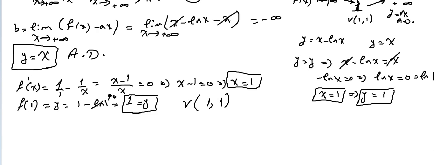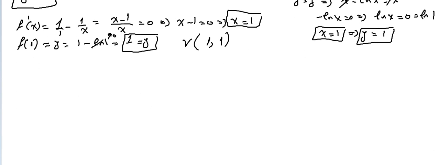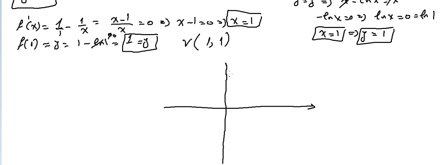We just still need to draw. This is simple. Let me draw it here first. I will draw fast. We have x equals 0, meaning the y-axis is an asymptote, right?